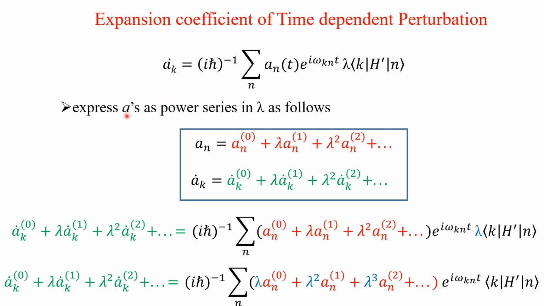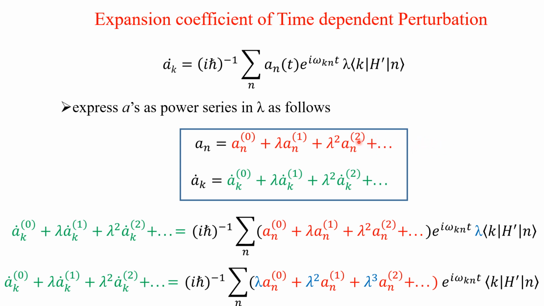Here I am going to express a as a power series in lambda, as we have done in the case of time independent perturbation theory. a_n can be written as a_n0 plus lambda a_n1 plus lambda squared a_n2, and it will go like this.